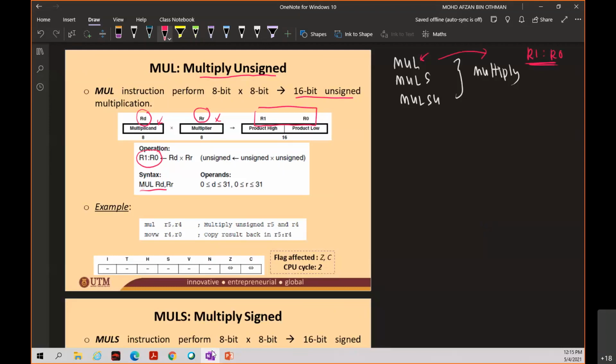The syntax is MUL RD, RR, in which RD and RR can be from R0 to R31. For the MUL instruction, only 2 flags are affected, which are the Z and carry flags.